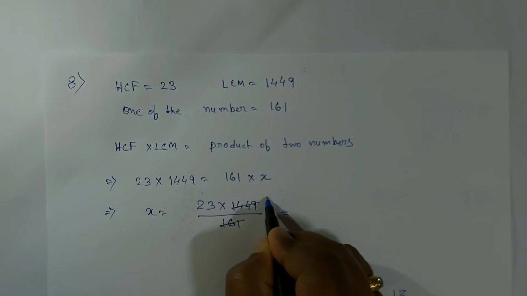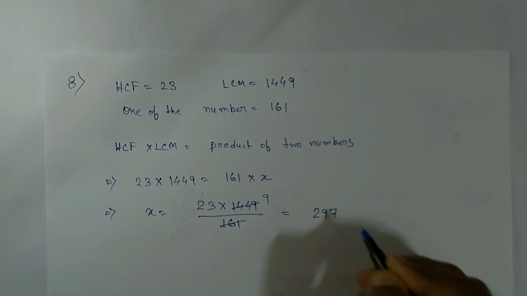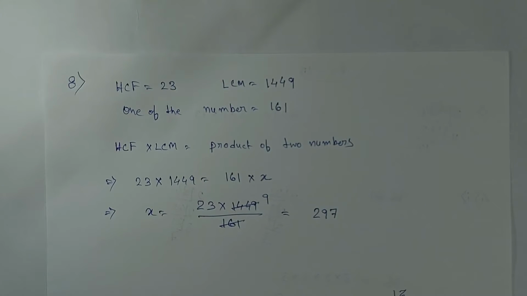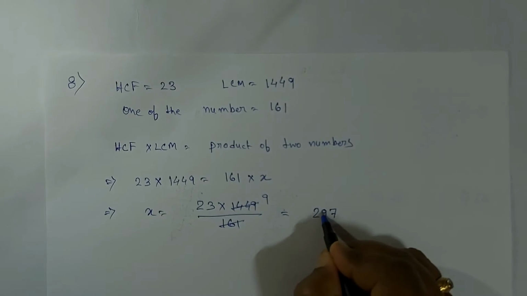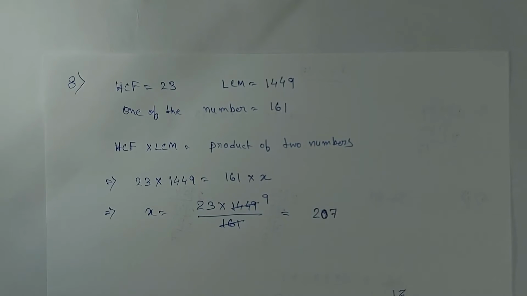This is 9, this is 207. So x equals 207.